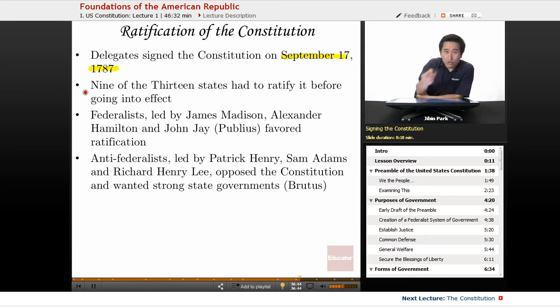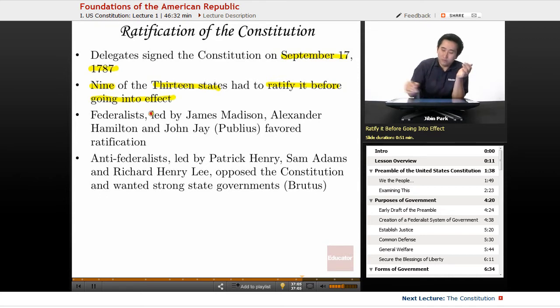According to the rules of the Constitution, 9 of the 13 states had to ratify it before it went into effect. Now, if the Constitution was amending the Articles of Confederation out of existence, then according to the Articles of Confederation, all the states basically had to agree to it.